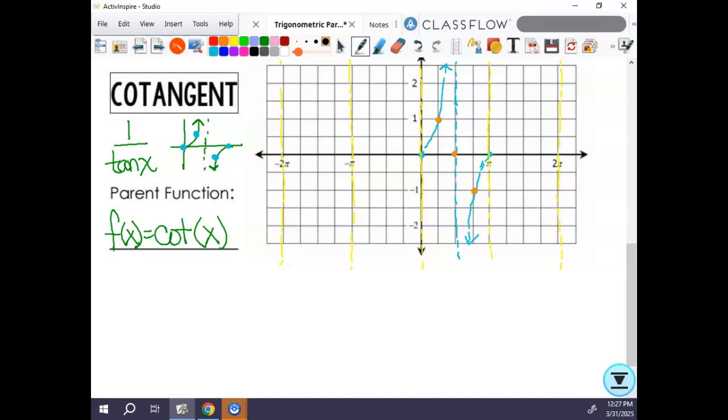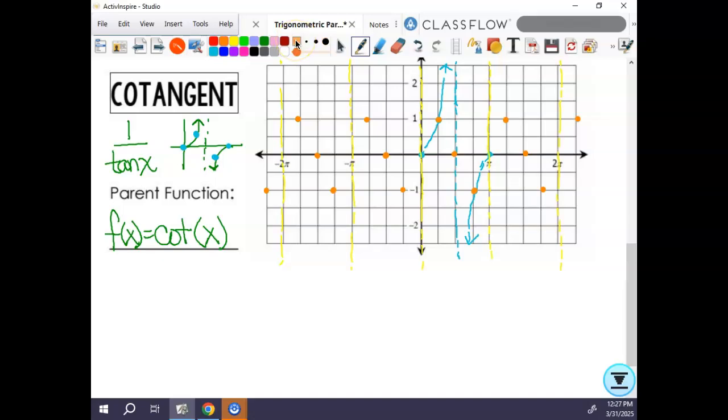So then there's my little piece from 0 to pi, and then we can repeat that and get the rest of it in there. Go ahead and get those little points in there. And then just like when we got those points for tangent, I can't draw through the asymptotes.